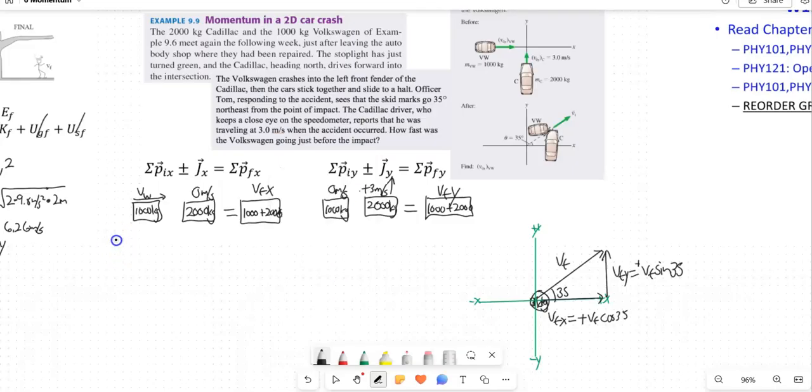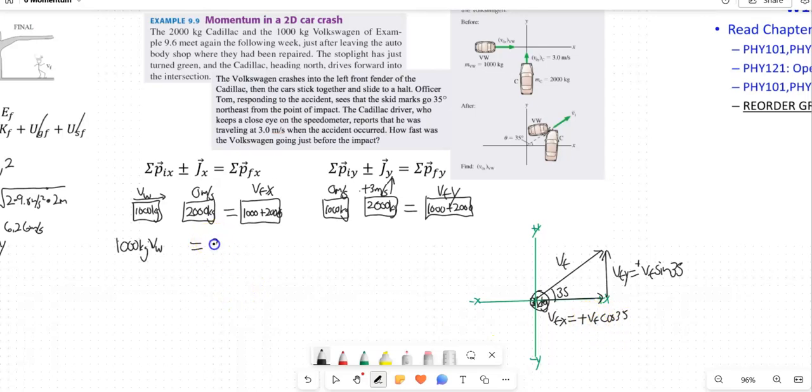So this is going to be 1,000 kilograms times the velocity of the VW, and this is 0, and this is 3,000 times v final x, which we know is this.